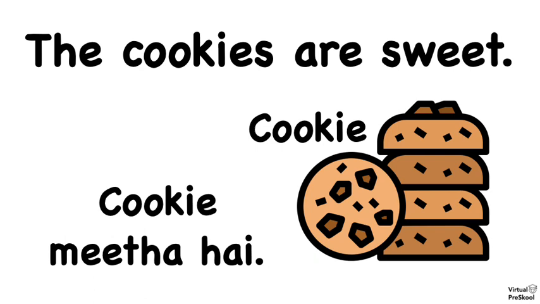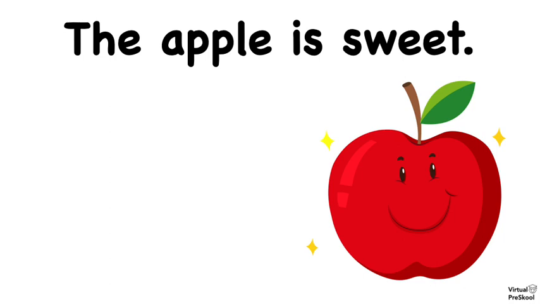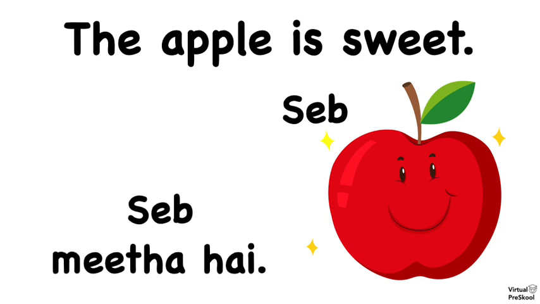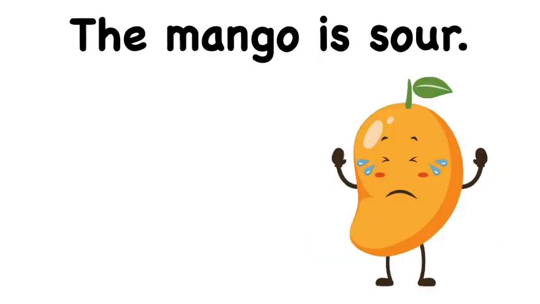I am intentionally not inflecting meetha to meethe. Understanding how that changes will come much later. All right, the apple is sweet. And in case you forgot, apple is seb. So how would we say the sentence? Seb meetha hai. Seb meetha hai.